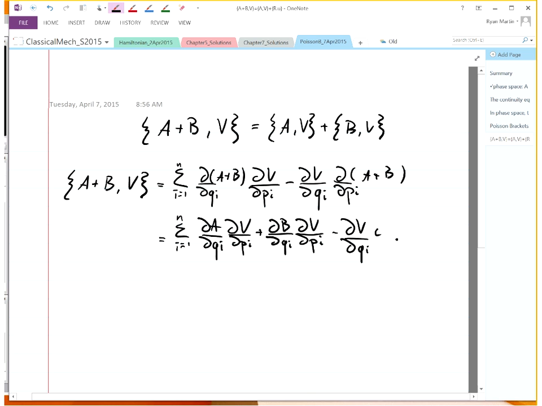Second term, I have minus ∂V/∂q_i ∂A/∂p_i minus ∂V/∂q_i ∂B/∂p_i. Now I can group the terms together. So sum from i equals 1 to n.